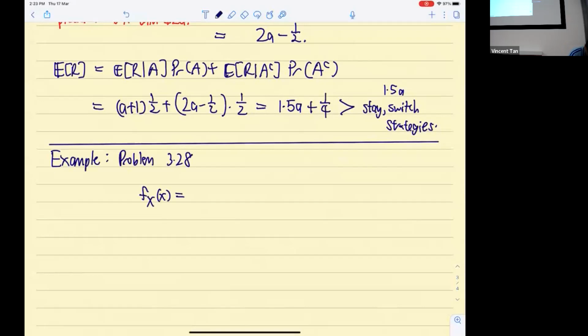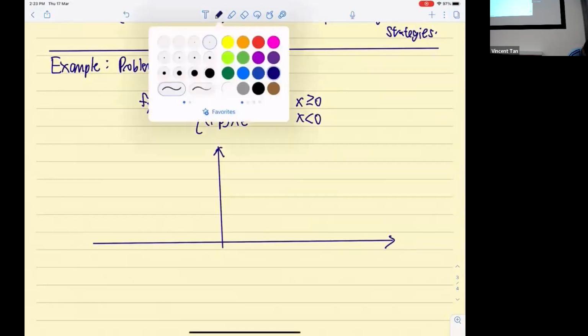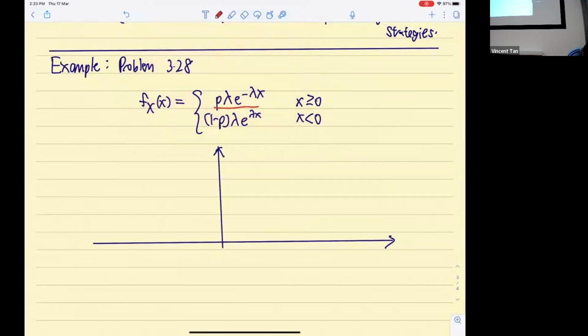So now here we have this particular probability density function, which looks like this: PDF, 1 minus P lambda e to the lambda x. This all looks very complicated, but if I draw a picture, it will become clear. Let's say P is 3/4. Then for the red part, we have this decaying curve on the right-hand side, P lambda e to the minus lambda x.